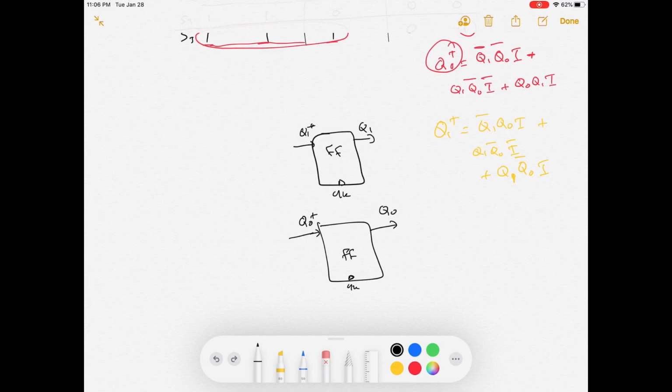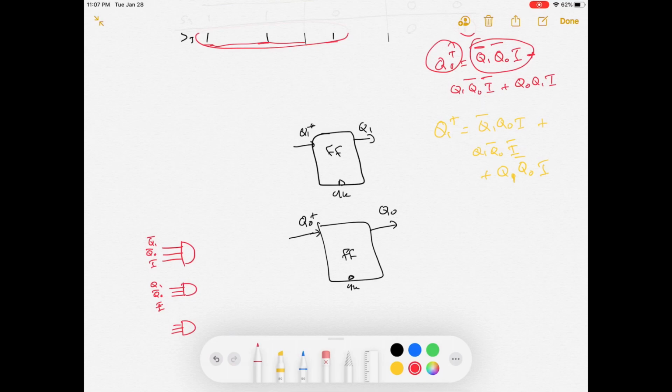So starting with Q0, basically what we need here is the first AND gate will have Q1 not, Q0 not, and the input. This is this one here. The second AND gate will have Q1, Q0 not, and input not.